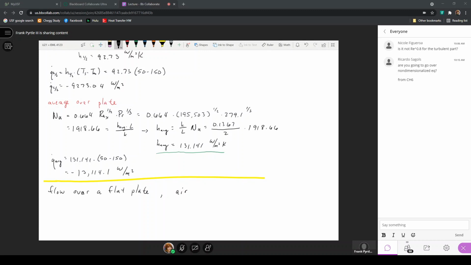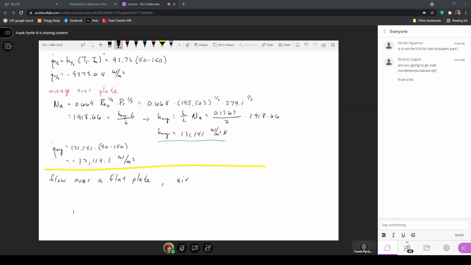We'll consider air flowing over this plate of length L, moving with a free stream velocity and free stream temperature. And we'll consider the isothermal condition for the surface of this plate.